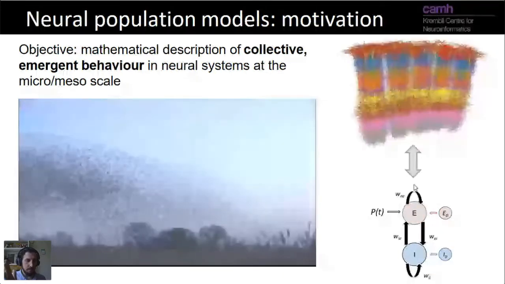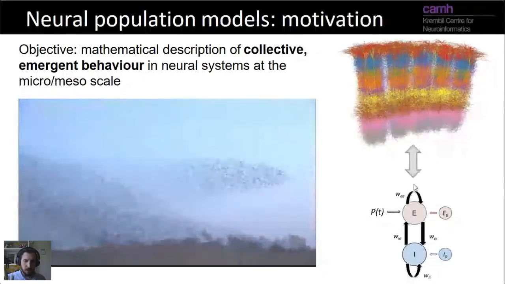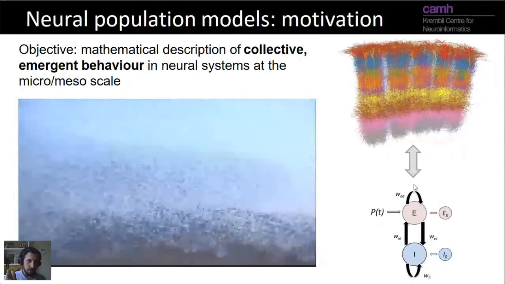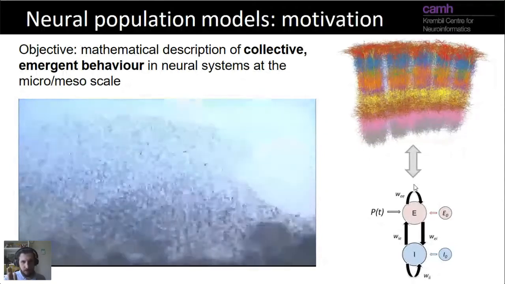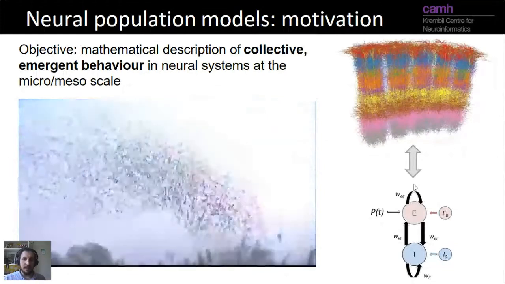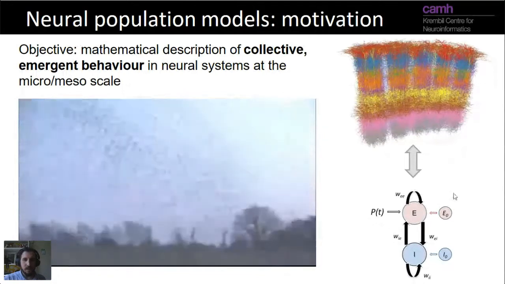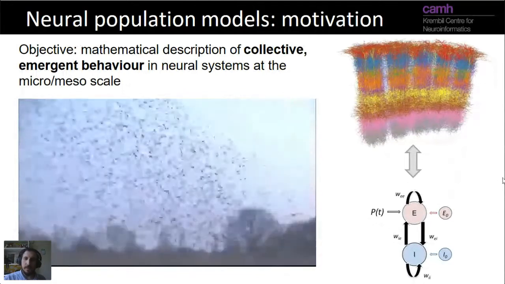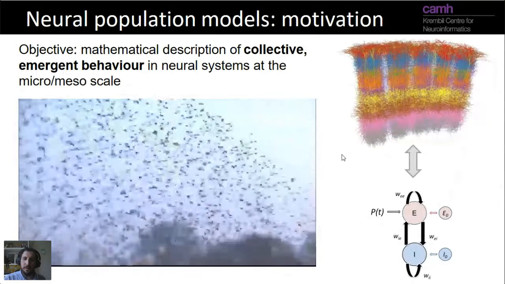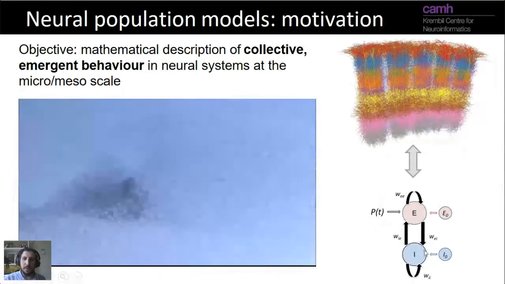So the kind of instantaneous average activity of one or several of the subpopulations of cells that are inside that neural population. So there isn't a direct mapping of the cell types to the bird flock, apart from maybe spatial dimensions. Again, it's an imperfect analogy, but you probably get the gist.